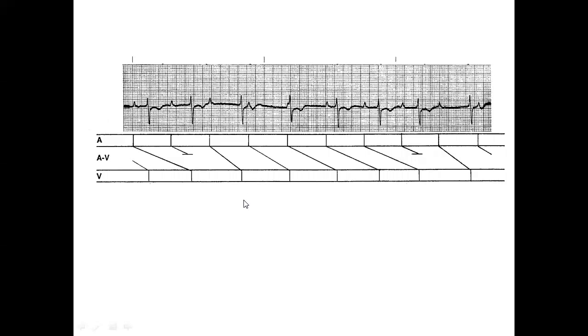In atrial flutter, sometimes the P is not conducted to the next one, but conducted to the one after that. You might say, gee, how can a P jump over a QRS and conduct to the next one? Well, it is not jumping over anything. If you look at the diagram, it's not jumping over anything.